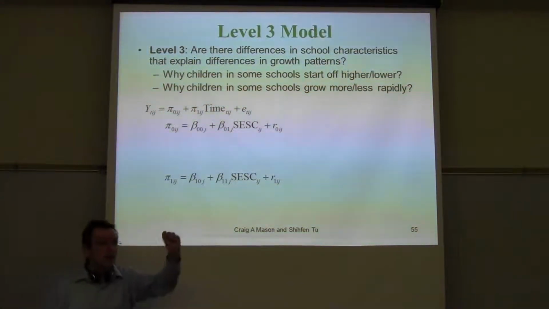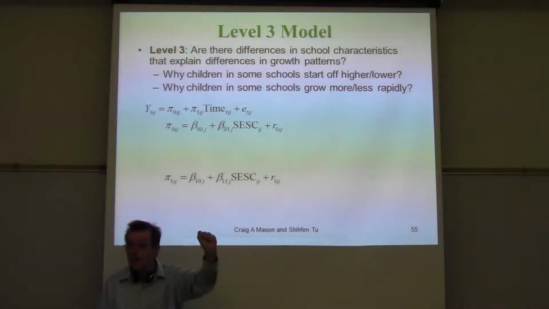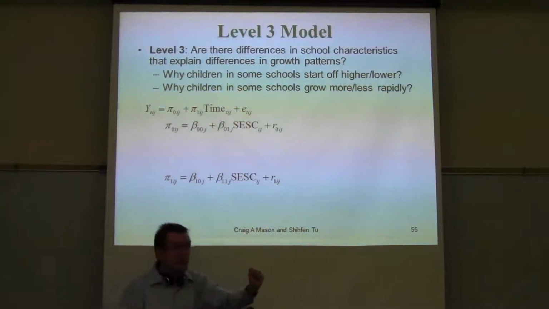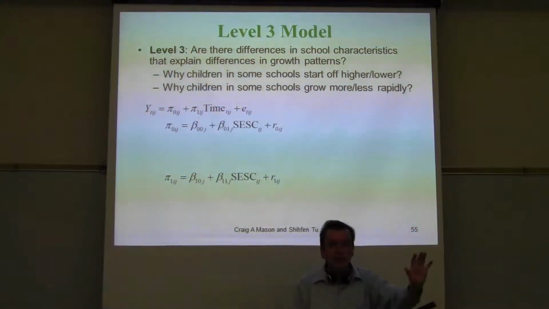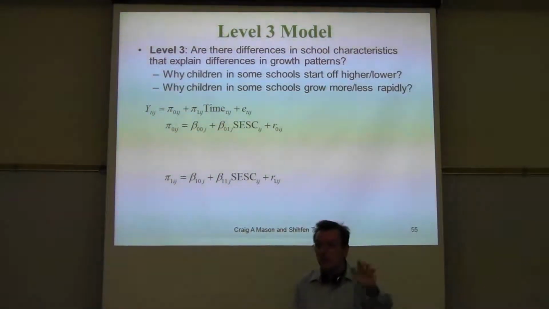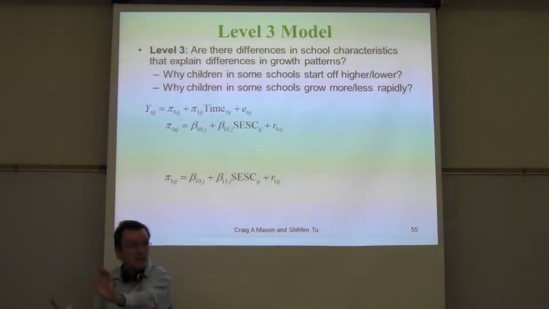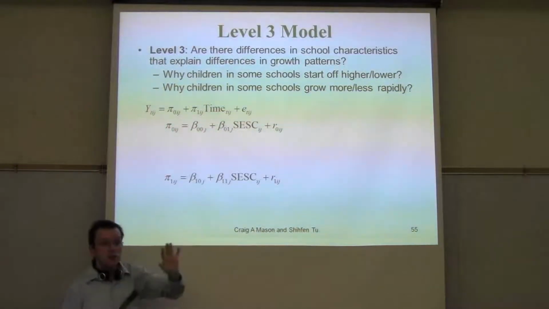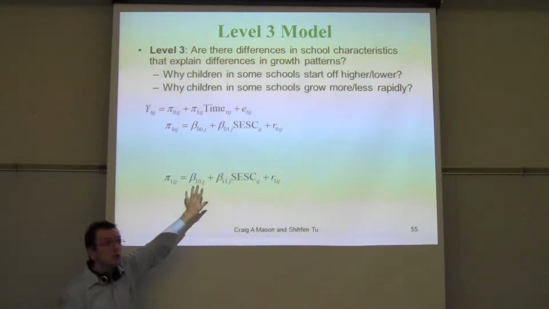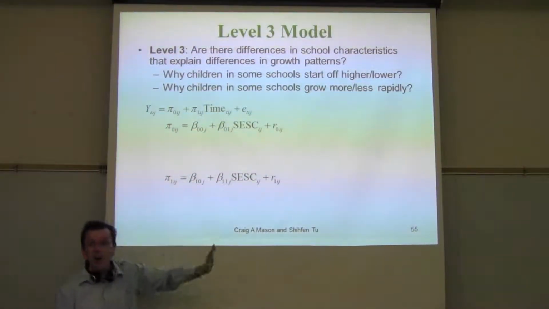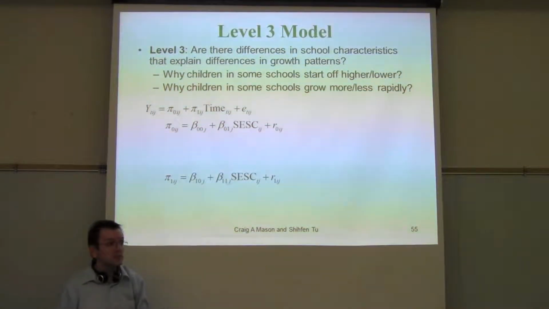So not just that SES effect for the child. In one school, SES is a big deal. In another school, SES doesn't really seem to have any effect. Now we're looking at, actually that's a child SES. Are there school characteristics that explain all of those effects?